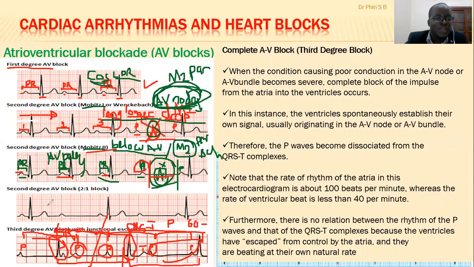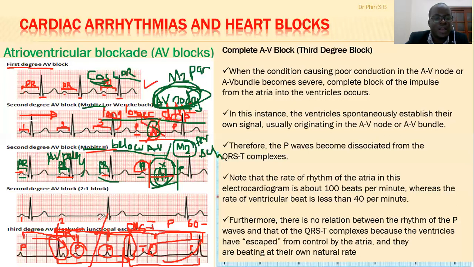Sometimes you can have this kind of cardiac arrhythmia or second degree heart block, whereby to classify it you need to know how many P waves and how many QRS complexes there are. You can see from here, you have 1 and 2 P waves, then here you have a missing QRS complex.